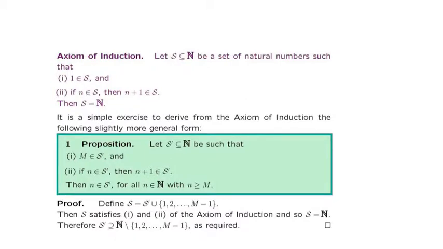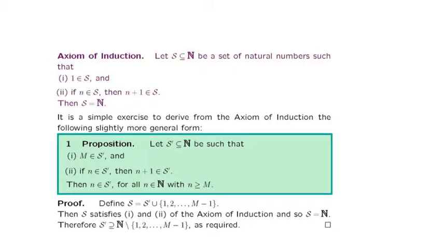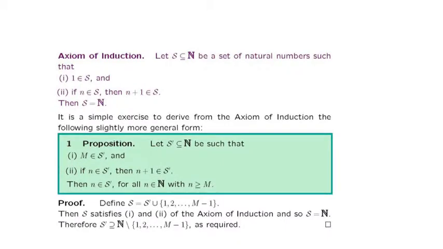How do we prove it? Well, we're given S prime. Let us define the set S to be S prime union 1, 2, 3, all the way up to m minus 1.